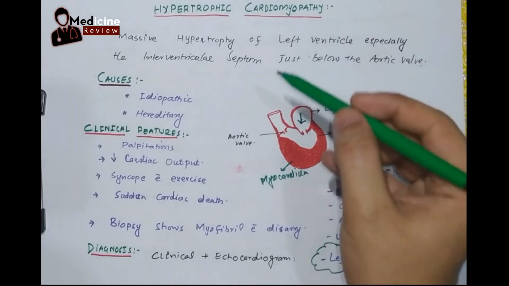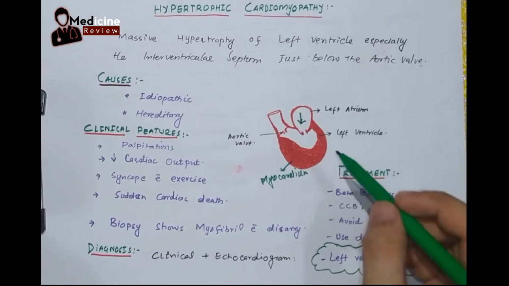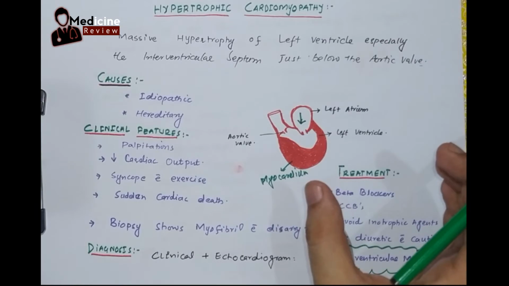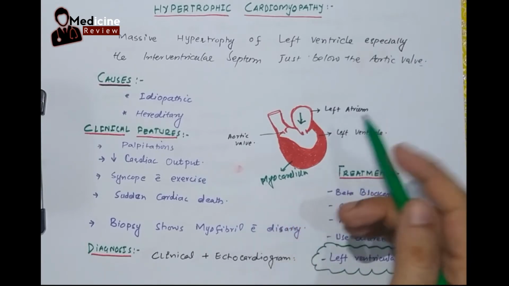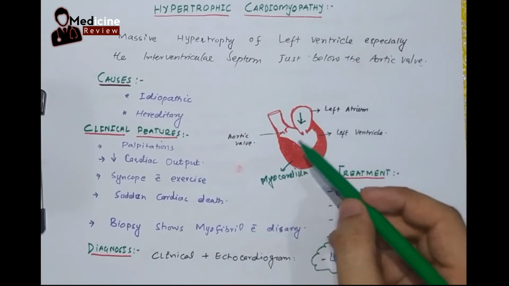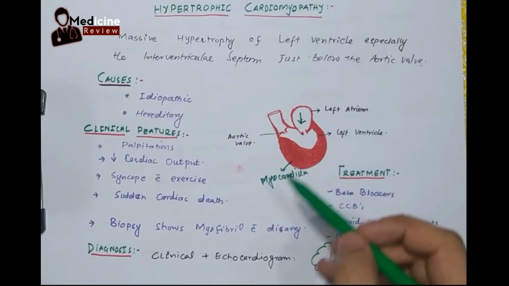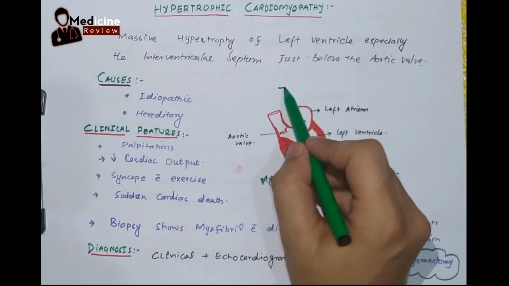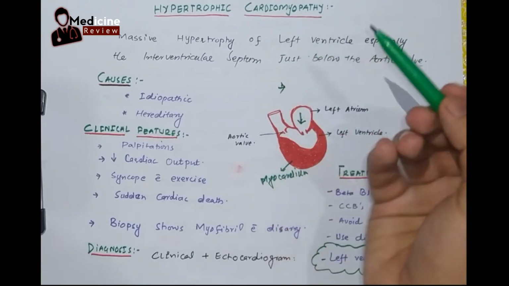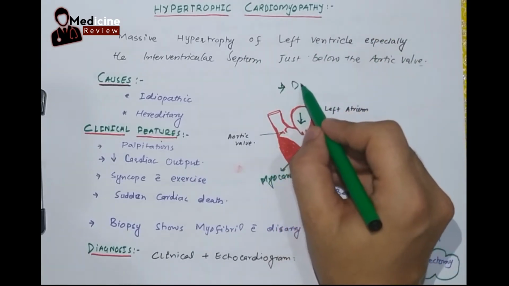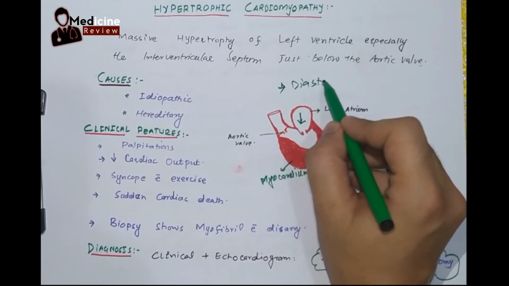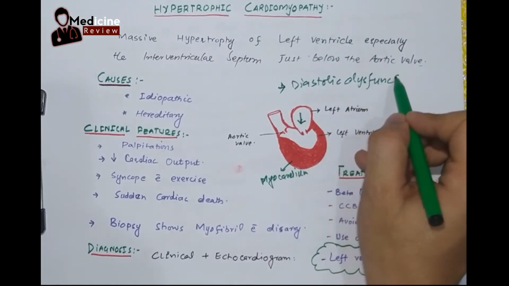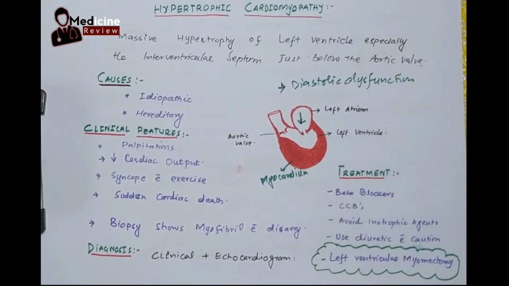So in hypertrophic cardiomyopathy, the left ventricle cannot fill because of the decreased lumen, and that is because of the increased size of the myocardium. So the main defect is primarily diastolic dysfunction, or we should say diastolic failure.